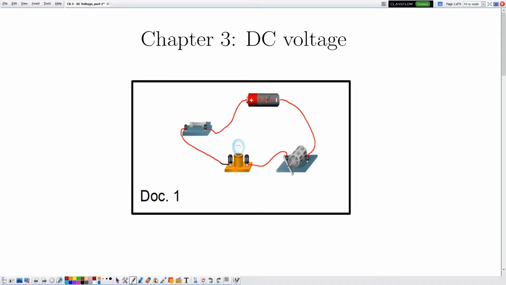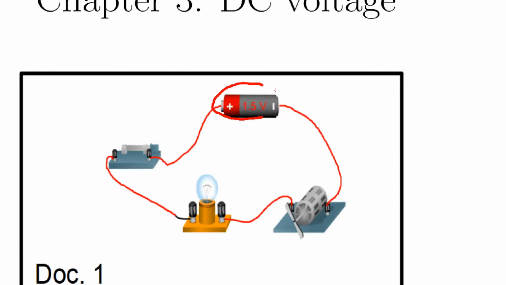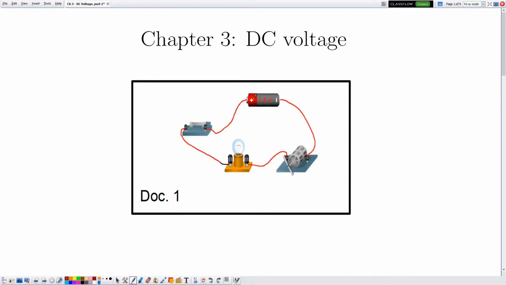So what's the role of each electric component in this electric circuit? Let's start with the battery. The battery is an electric component that delivers electricity to other electric components. Here the battery is connected to the switch, to the lamp and to the motor, and the motor is connected back to the battery.